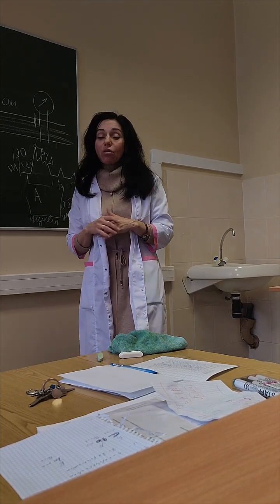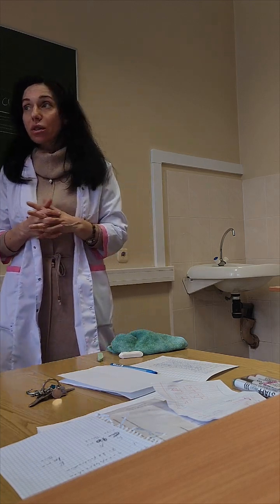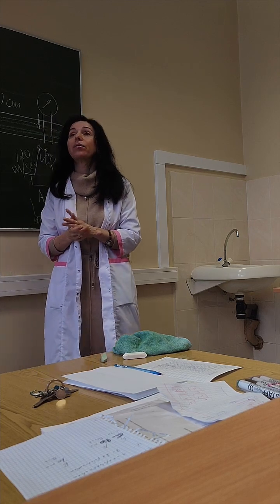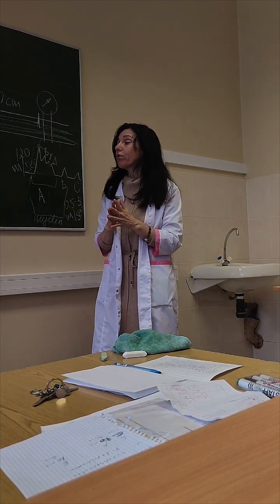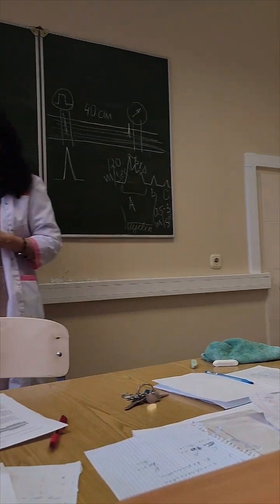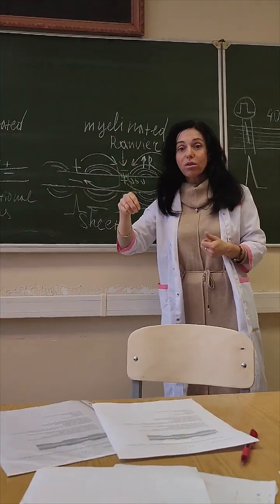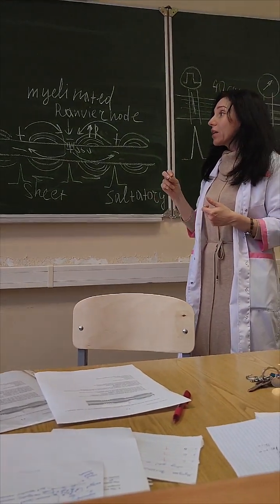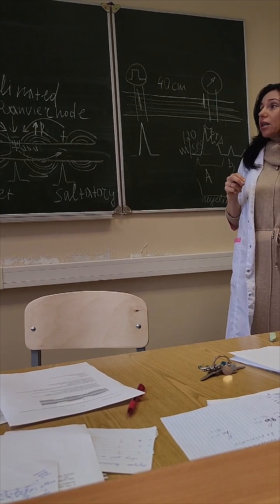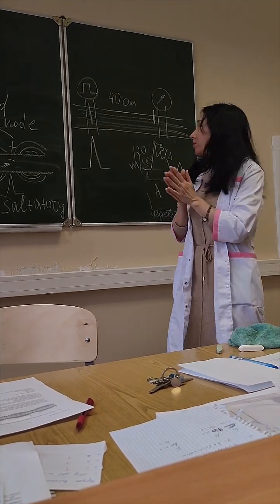Well, what more? What are the main laws of action potential propagation along a nerve? At first, bidirectional propagation from the point of stimulation. Next, isolated propagation.